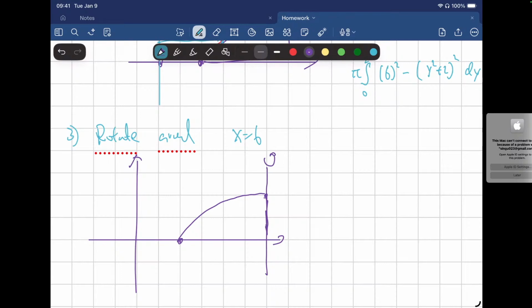Let me ask some people. Emily, what do you think, is this disc or washer? It's washer, okay. Emma, do you think it's a disc or washer? Disc? Hannah, what do you think? You don't know?